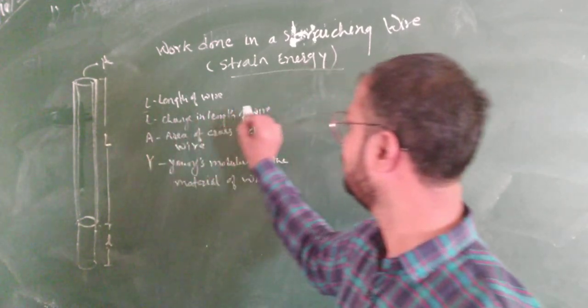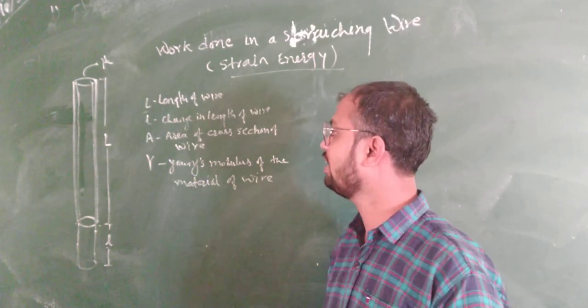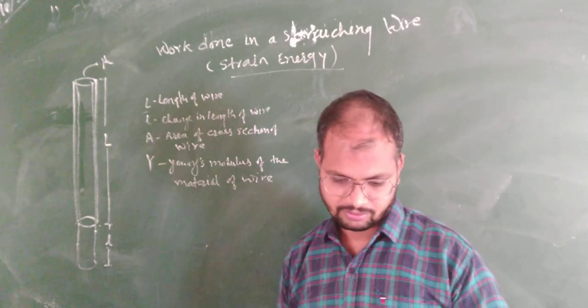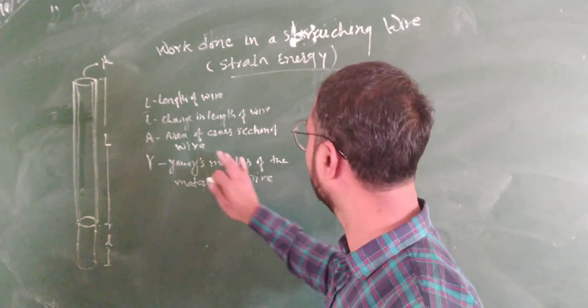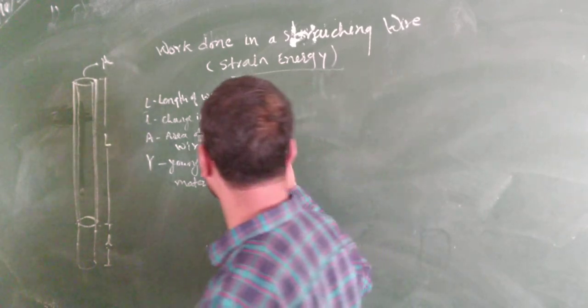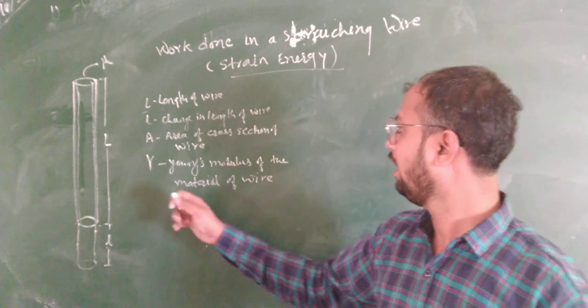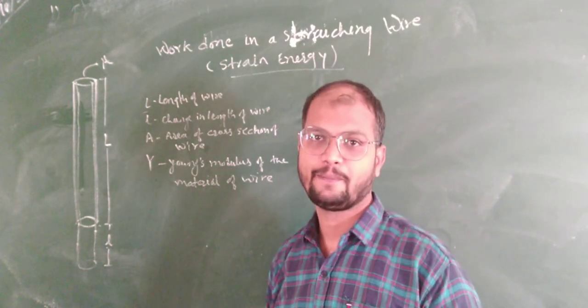Small l is the change in the length of the wire. A is the area of cross section of the stretched wire. And Y is the Young's modulus of the material of the wire.